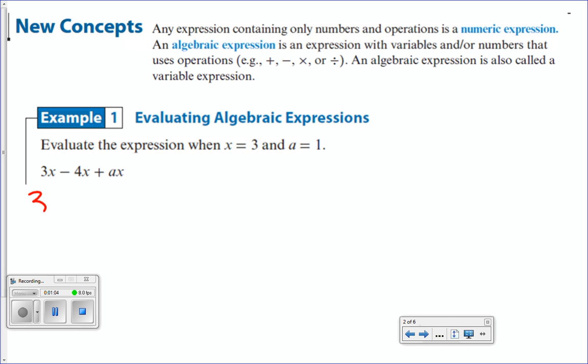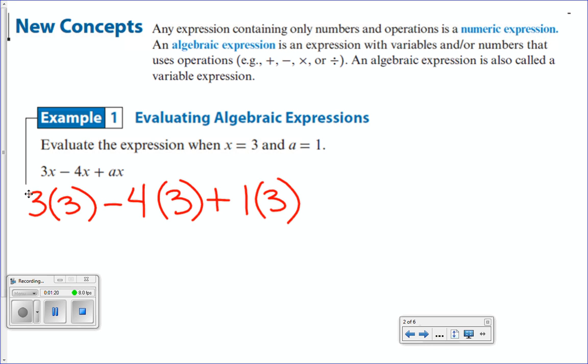So we're going to do 3 times 3, because I'm substituting 3 in for x, minus 4 times 3 plus 1 times 3. So we're going to go ahead and simplify all of these.